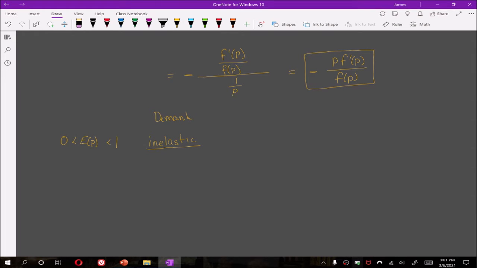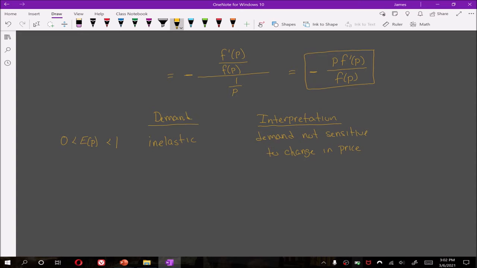Let's make a table out of this. The interpretation: demand is not sensitive to a change in price, meaning that a change in price will produce a smaller change in demand.